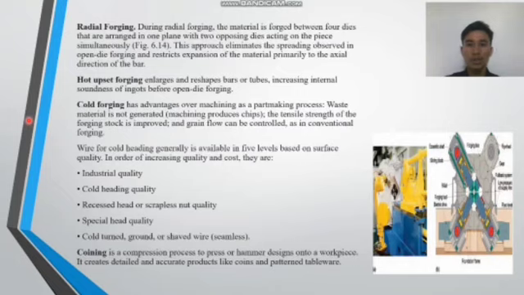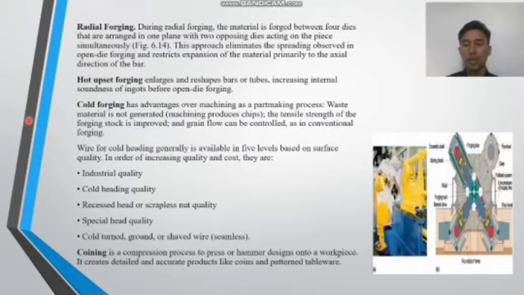This approach eliminates the spreading observed in open die forging and restricts expansion of the material primarily to the axial direction of the part. Hot U-shaped forging enlarges and reshapes bars or tubes, increasing internal soundness of anodes before open die forging.